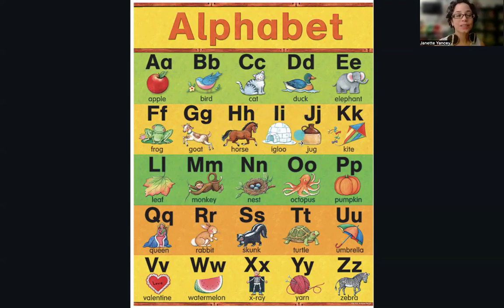J, jug. K, kite. L, leaf. Monkey. Nest. O, octopus. Pumpkin. Qu, queen.